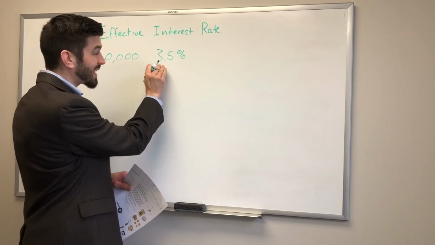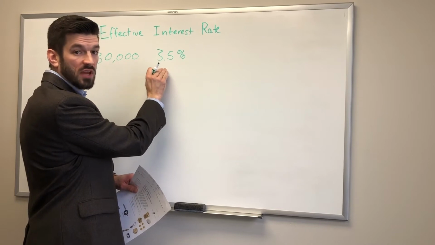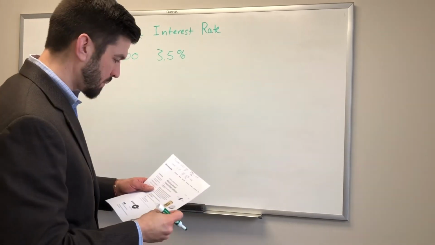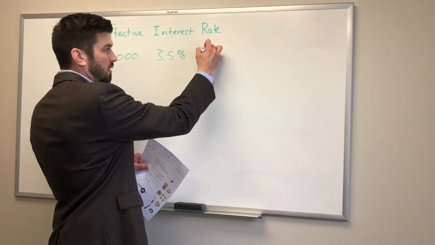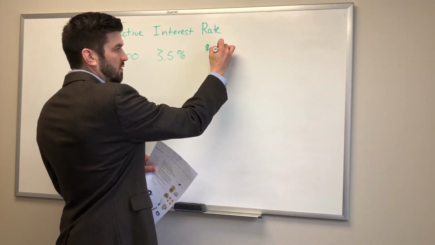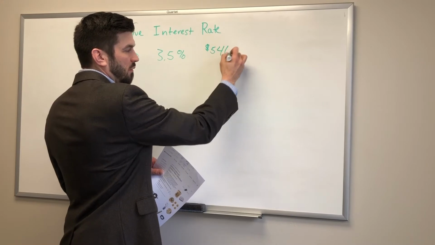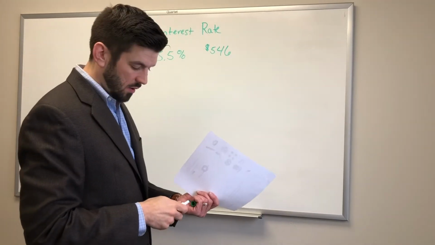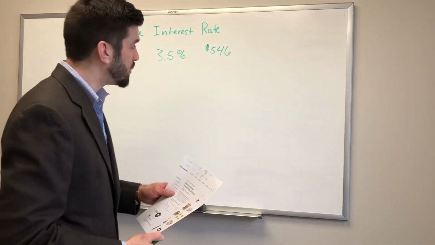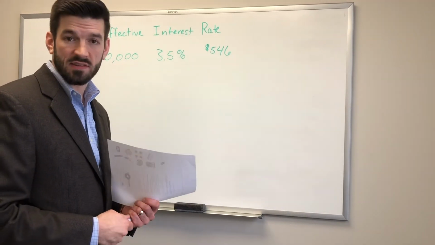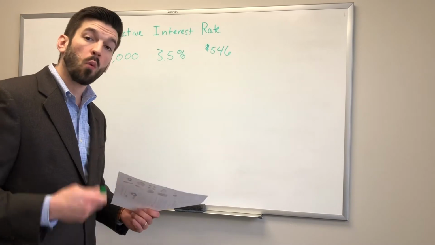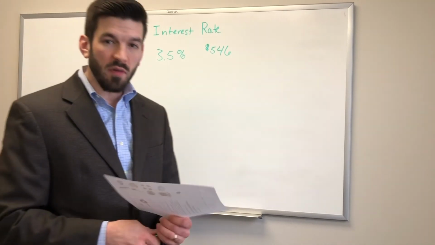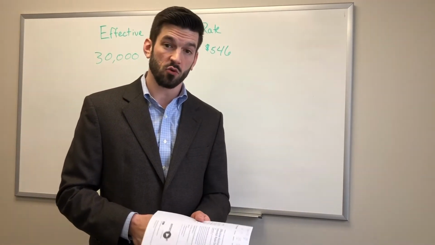However, this is actually an annual percentage rate. It's a little bit misleading there. And what this calculator told me is that with these numbers, the total payment for a 60-month or 5-year loan would be $546 per month.